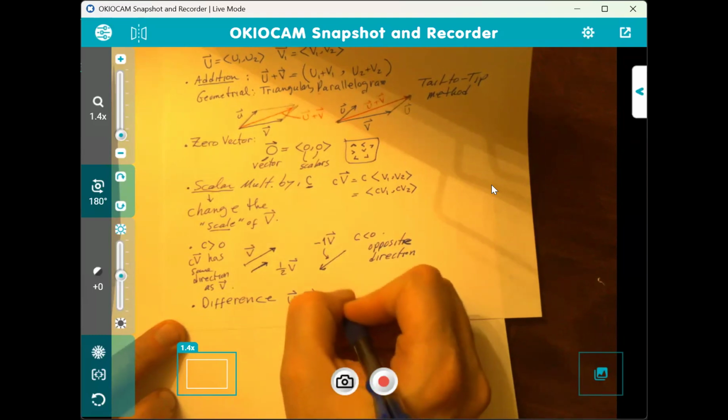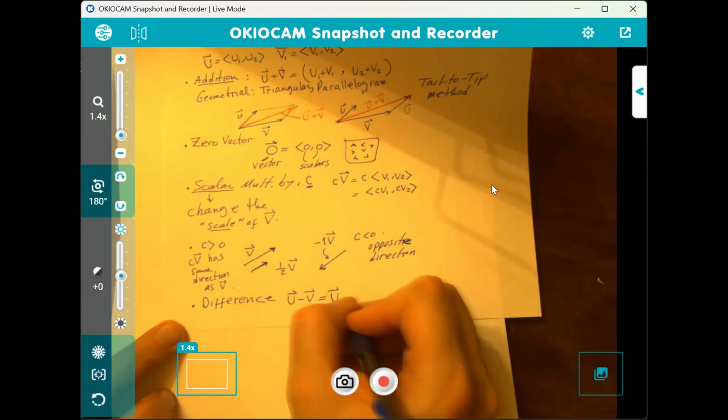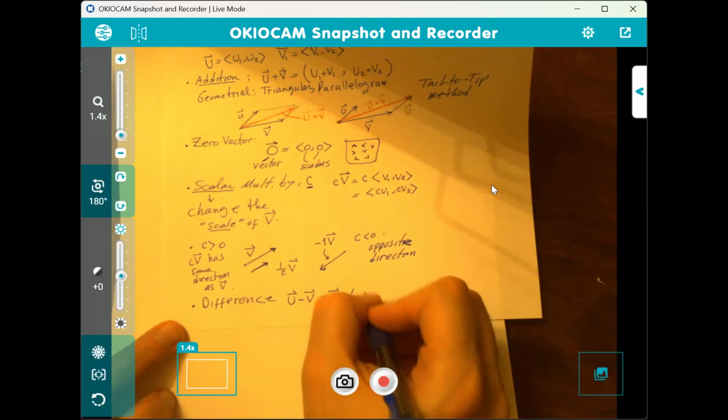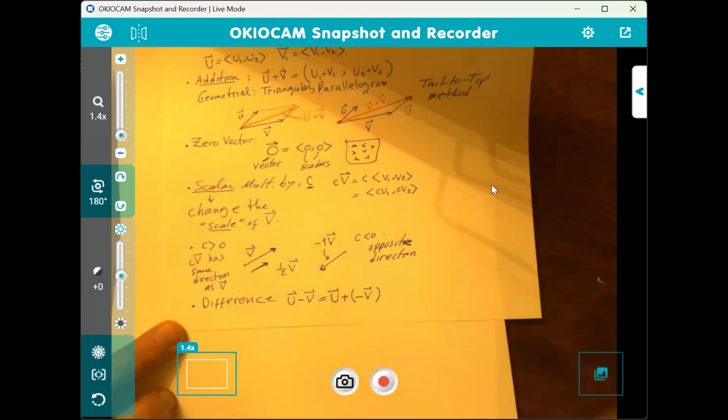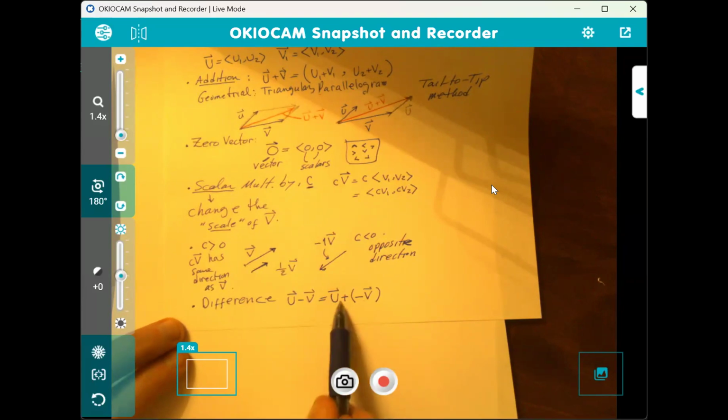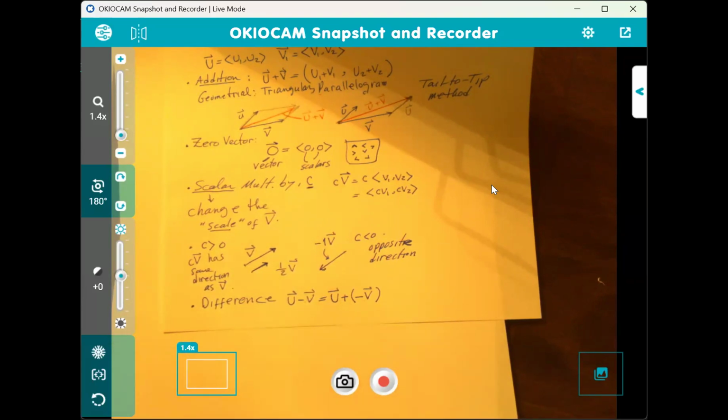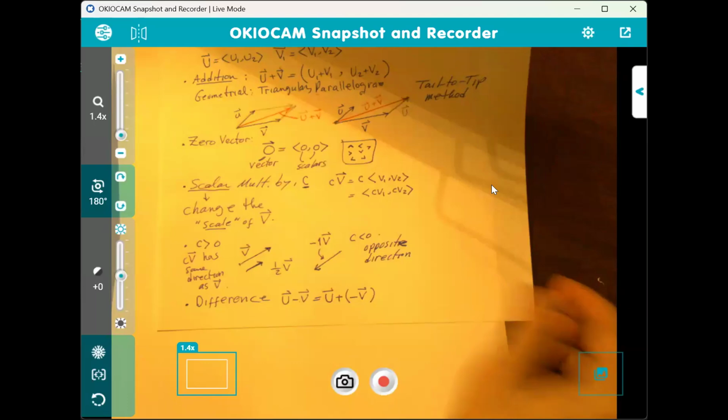So we can say, instead of subtracting vector v, I'm going to add the negative of v to u. It's because I know this vector does exist, right? Scalar multiple. So we are adding this way. And that's how we subtract vectors. You add the opposite of the second vector. Now, subtraction is not commutative. So u minus v and v minus u would be different.